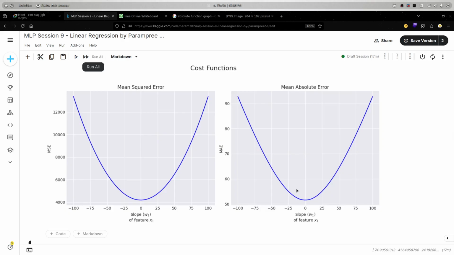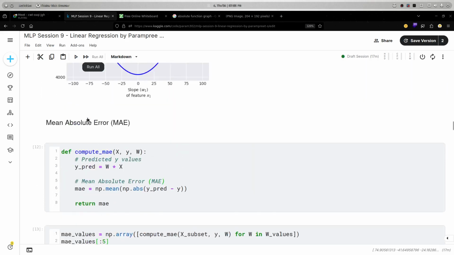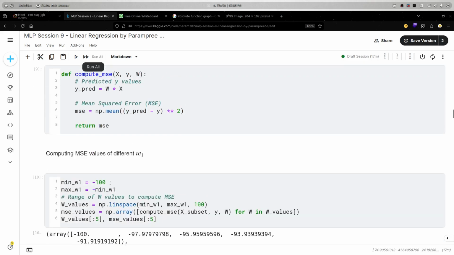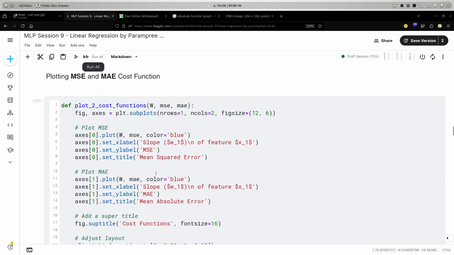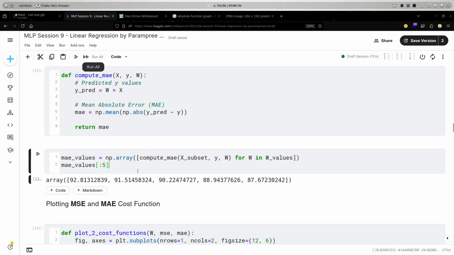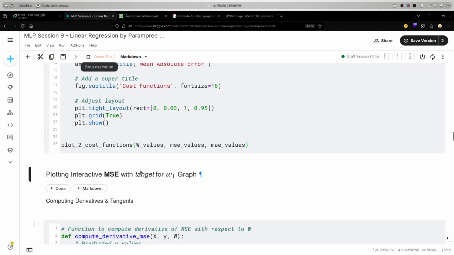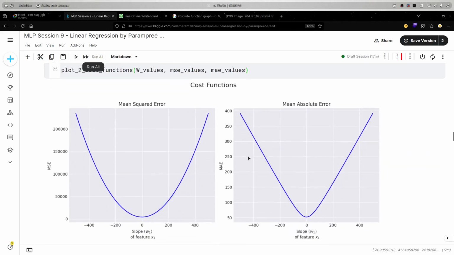Currently we have only some w values, so that's why it is round. If I increase the w values to, let's say, 500, and run it, now you can see it is more of a V shape.